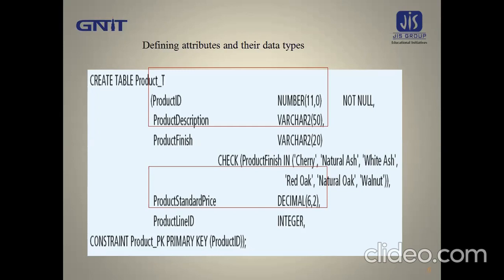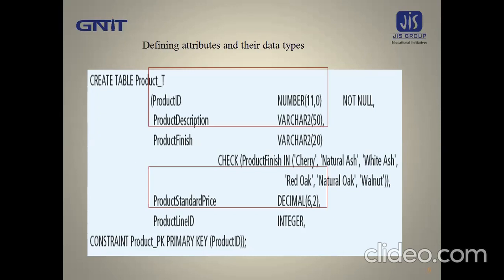And product line ID. Look, product ID is specified as not null, right? And at the end we have defined the constraint product PK, that is how we define a primary key: constraint product PK primary key product ID.